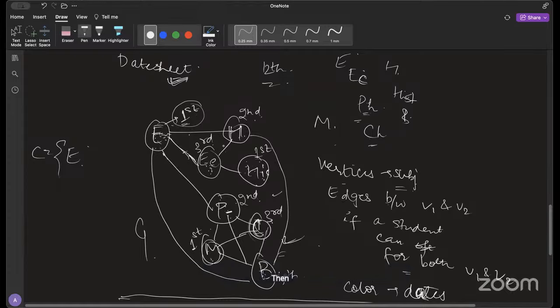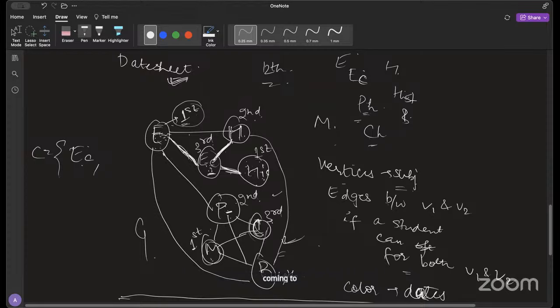For the third edge, let's have H. Or you could have directly taken a vertex that covers a lot of other edges. If you choose this one, it covers this edge and this edge, so now these three are covered and you don't have to worry about them.